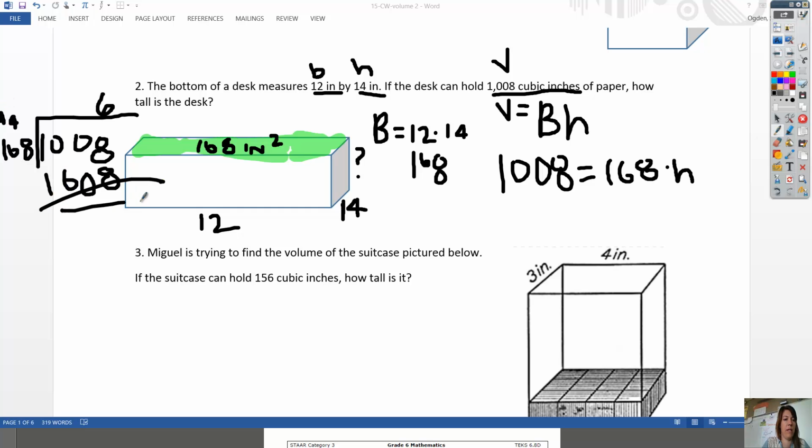So it's going to go evenly. So 1,008 divided by 168 is going to give me 6. So my answer is 6 inches tall.